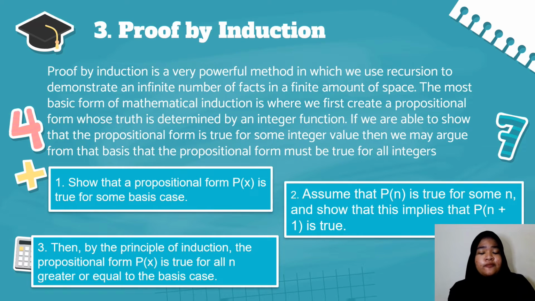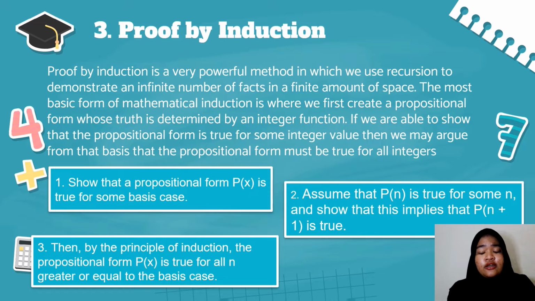Third, proof by induction. Proof by induction is a very powerful method in which we use recursion to demonstrate an infinite number of facts in a finite amount of space. The most basic form of mathematical induction is where we first create a propositional form whose truth is determined by an integer function.